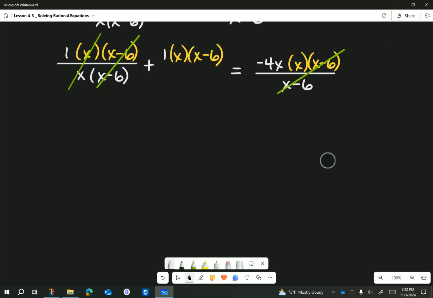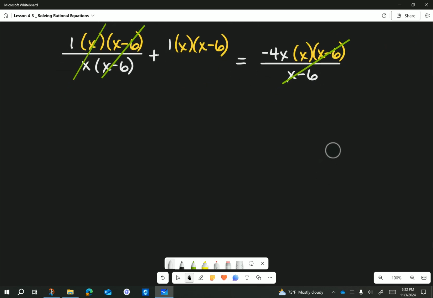And now we are going to bring down everything that did not disappear or cancel out. So I'm left with a 1, a plus, a 1 times an x. I'm just going to write x times x minus 6. By the way, I just did this. 1 times x is just x equals a negative 4x.